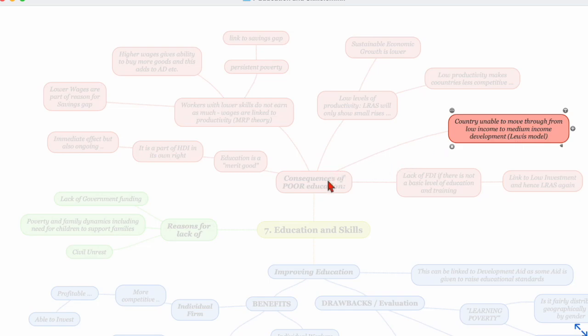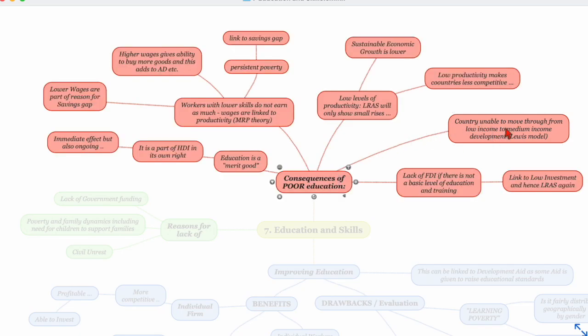But poor education is going to hinder what we call the industrialization of an economy, and this lack of FDI will also be a problem in that if there's not a basic level of education. And so these are the consequences of a poor education in a country that is seeking some economic development.